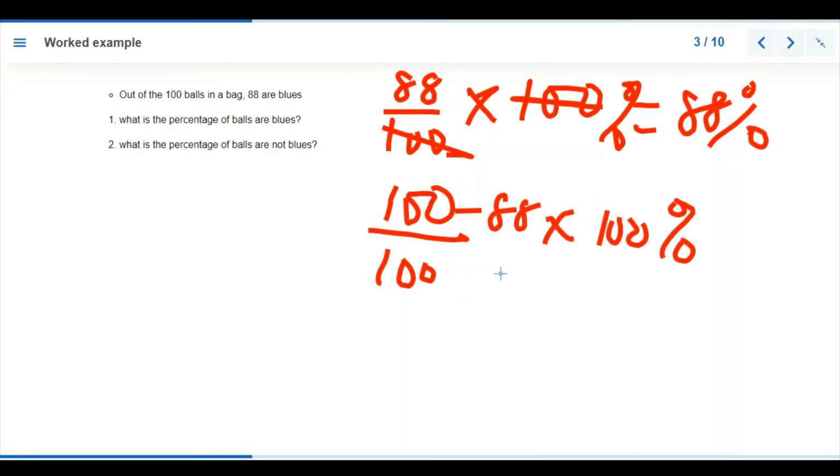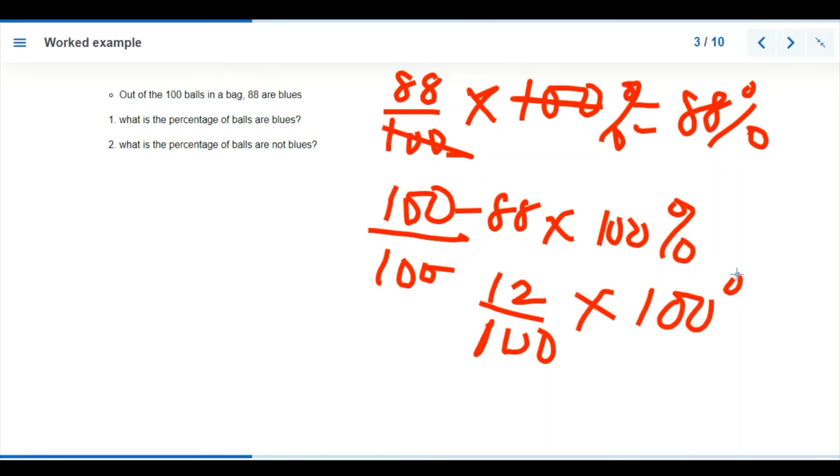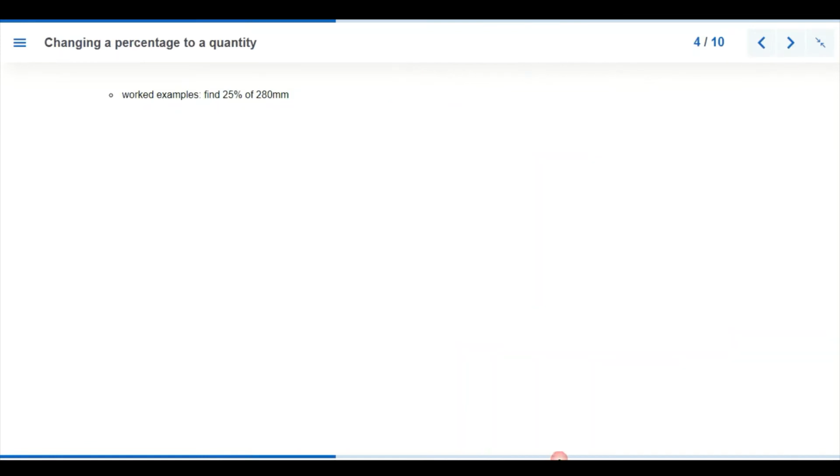By the time you subtract, this is 12 over 100, multiplied by 100%. So this will give us 12 percent, and that solves the question. So the balls that are blue, their percentage is 88%, and balls that are not blue, their percentage is what? 12%.